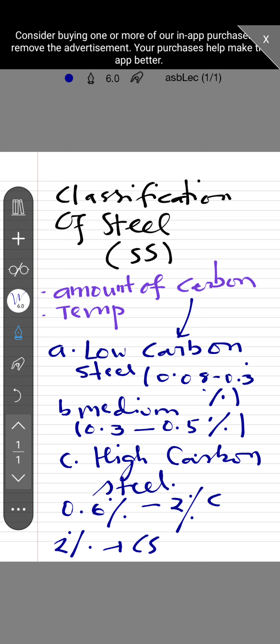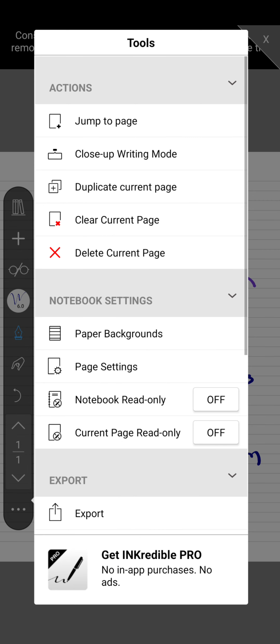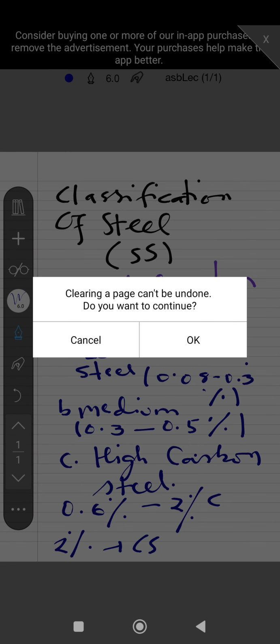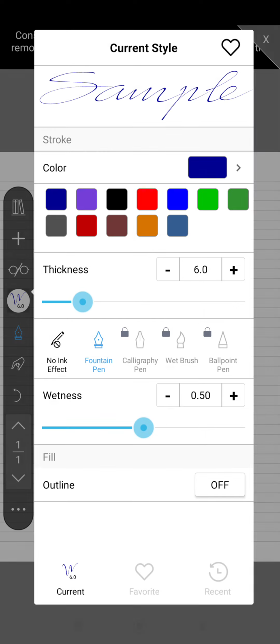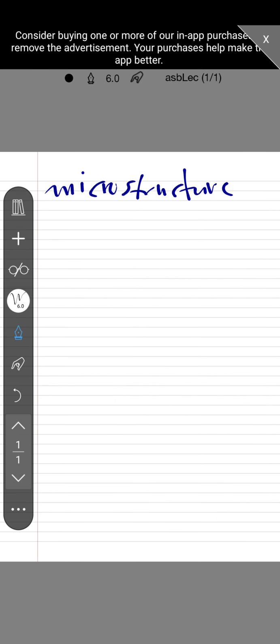Next is the microstructure of pure steel, say of the three different steels. The first one, low carbon steels, are also called mild steels.